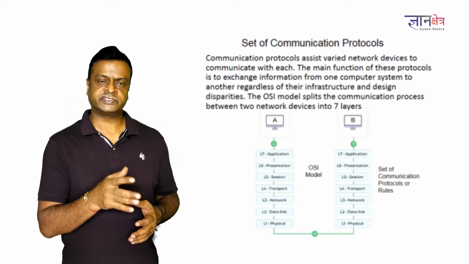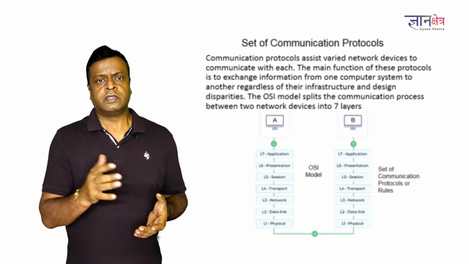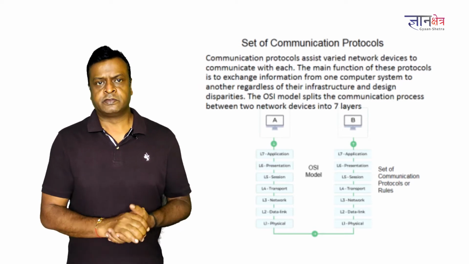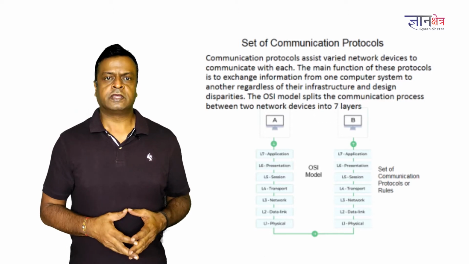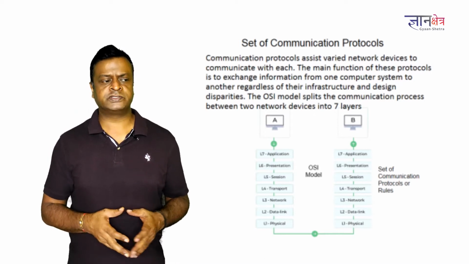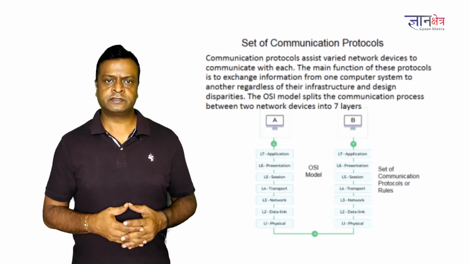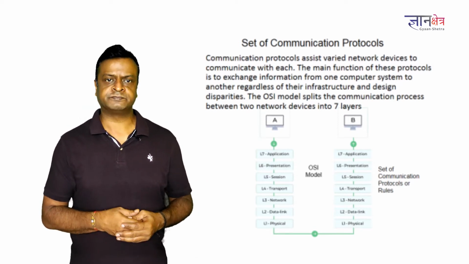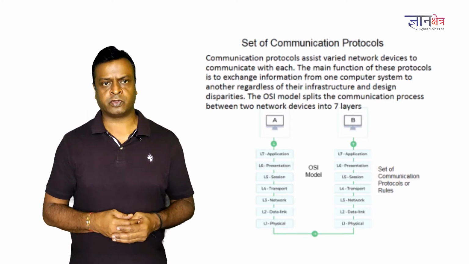When we say infrastructure or design disparities, that means it doesn't matter which company's device you're using. For example, let's say one system is a Mac and one system is from any other company, but they can easily connect to each other and exchange their information. How? By using a set of common communication protocols.